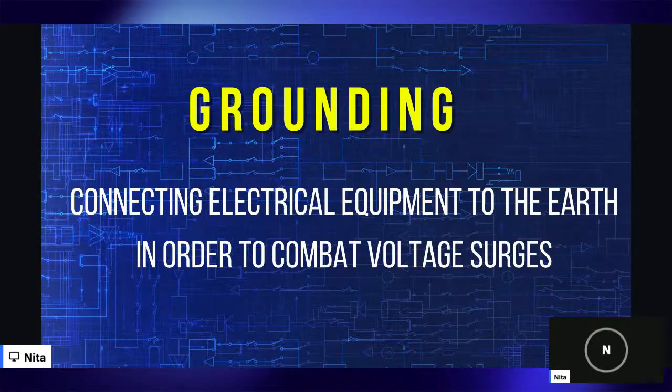An example of a fault would be if a hot wire touches metal, the grounding provides a safe path for that electricity to flow back to the source. Grounding also helps keep our voltage stable throughout our electrical system. It prevents fires and also electrocution.